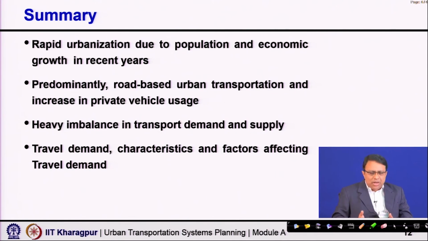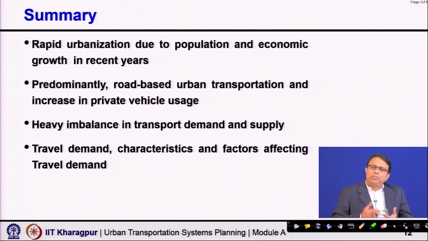So, if I have to summarize, I will say what we discussed today was the rapid urbanization that the country is experiencing due to population growth and economic growth, right. The second is that our transport is predominantly road based. There is a growth of private vehicle ownership and usage.